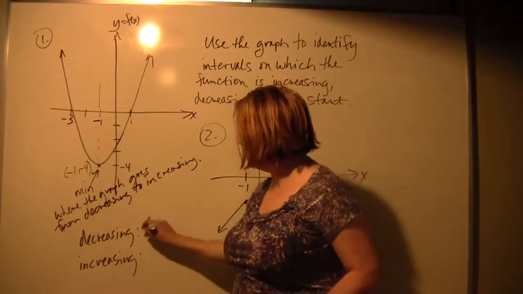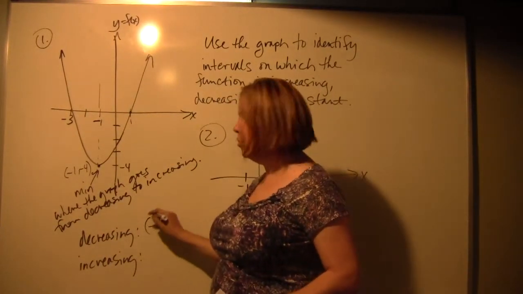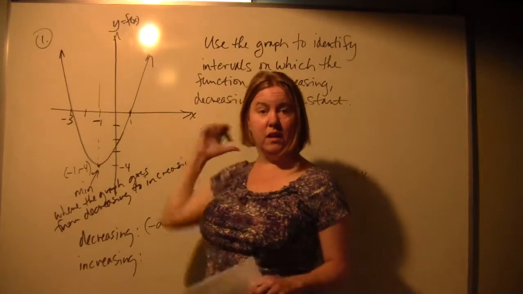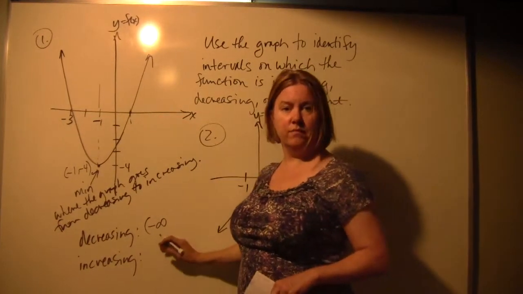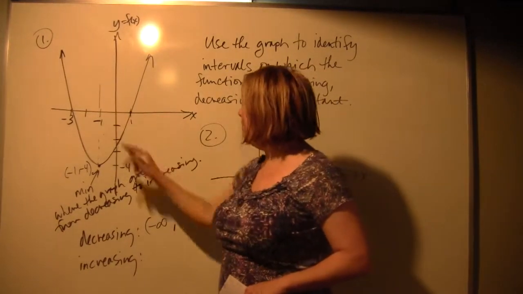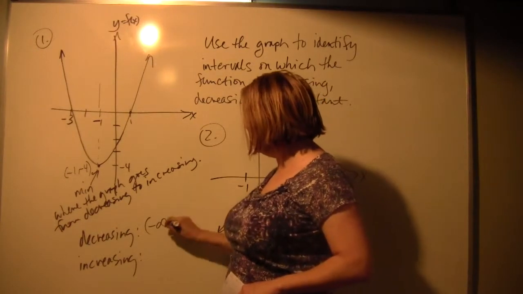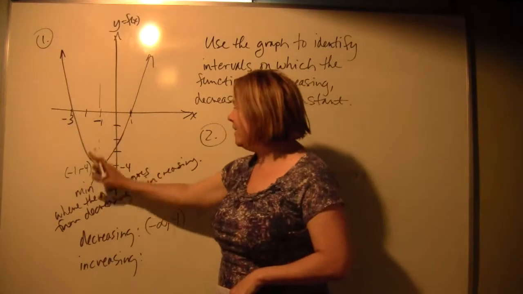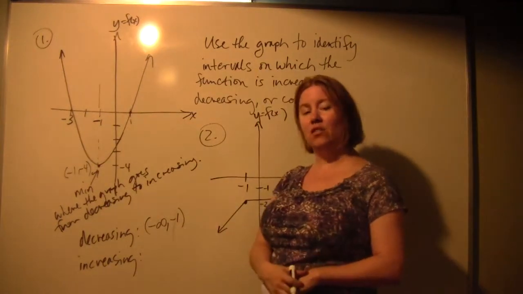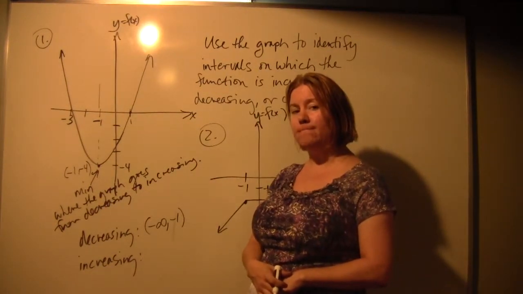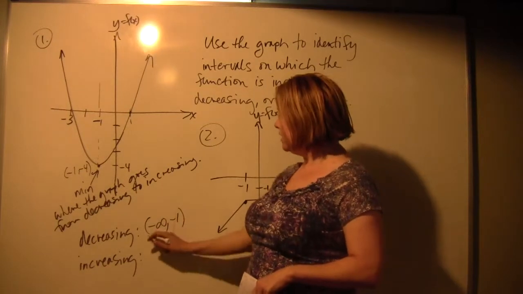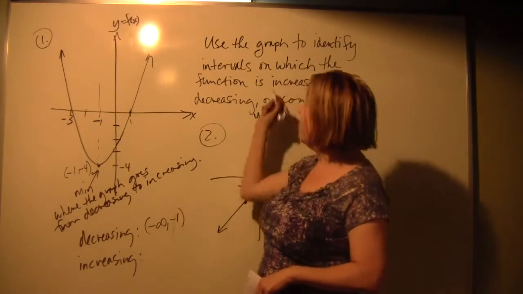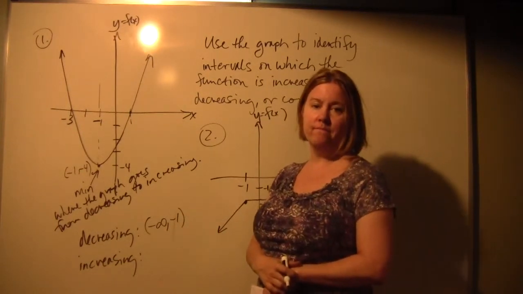It's decreasing. Now -infinity and positive infinity always get a parenthesis. And it's going up to -1, and we do not include the -1, because at -1 exactly, the graph is no longer decreasing. So this is our interval upon which the graph is decreasing.